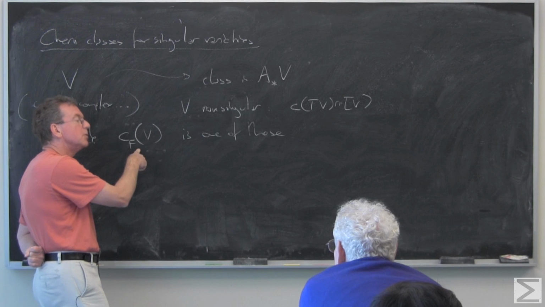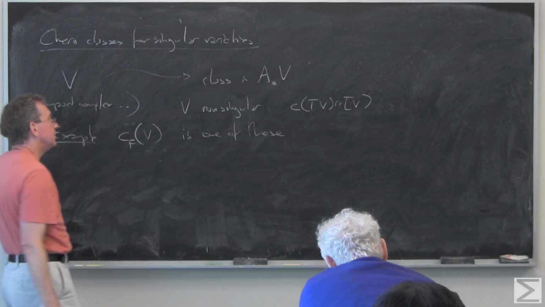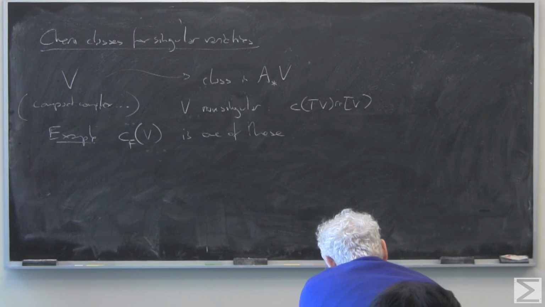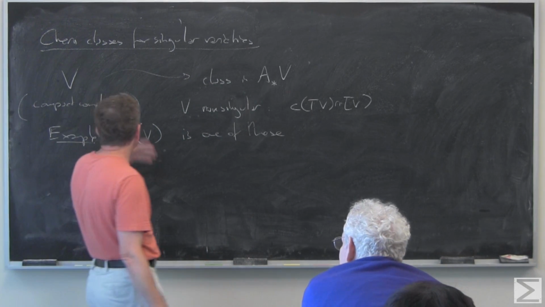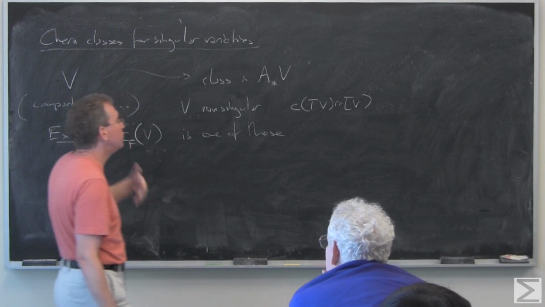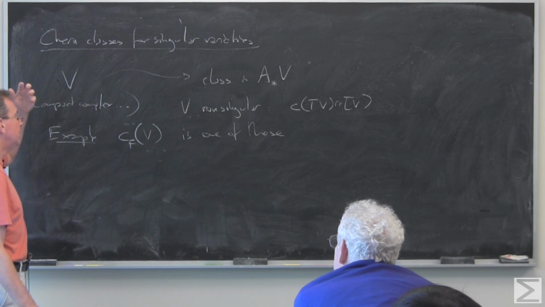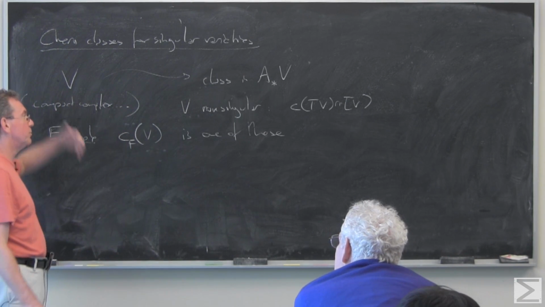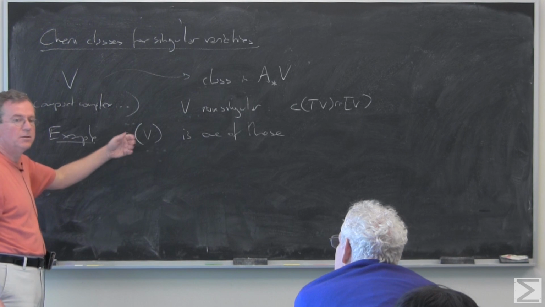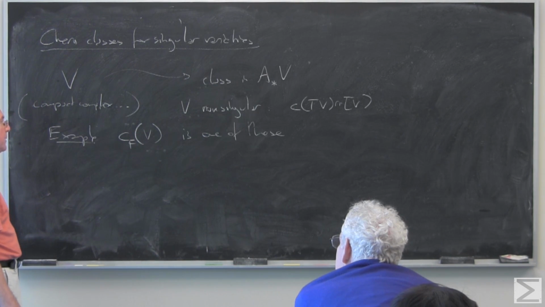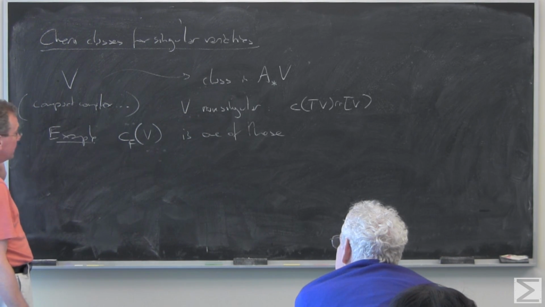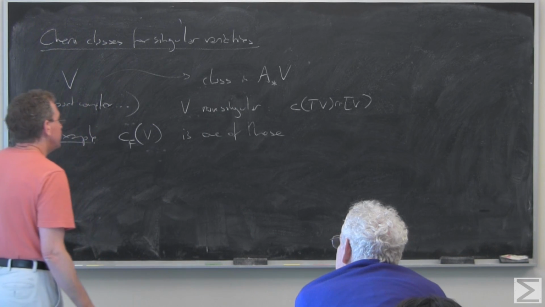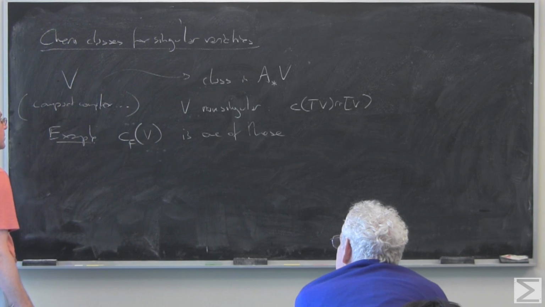It was the Euler characteristic of something else. So I want to examine this, but one thing I want is a class that will satisfy some kind of Poincare-Hopf statement, that is the degree of its zero-dimensional component should be the Euler characteristic of V, not of something else.